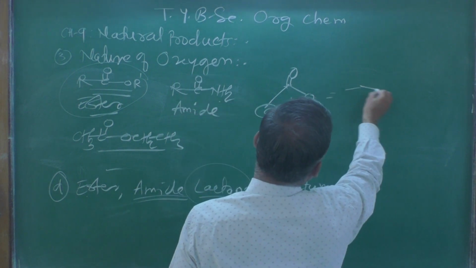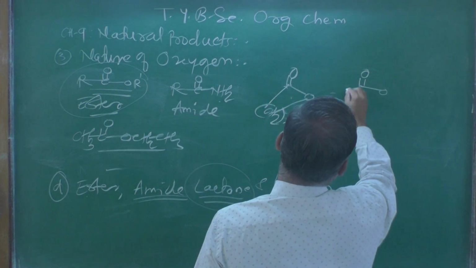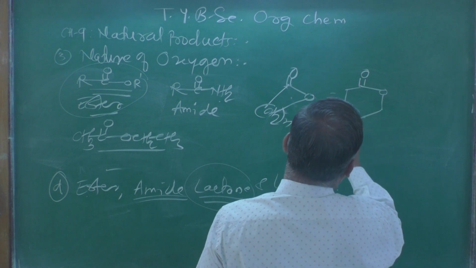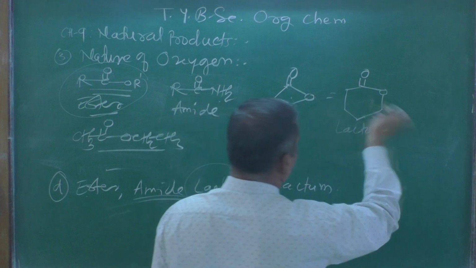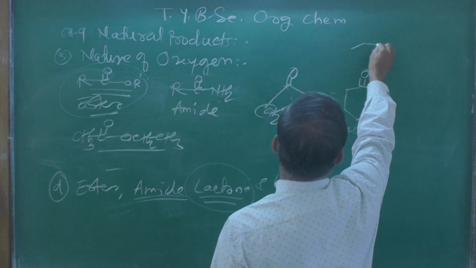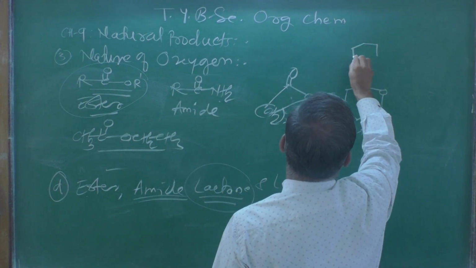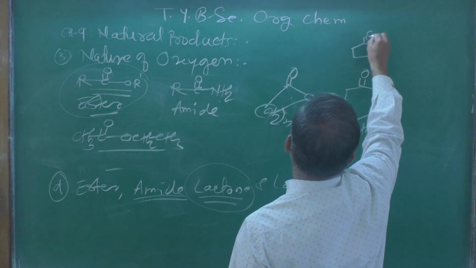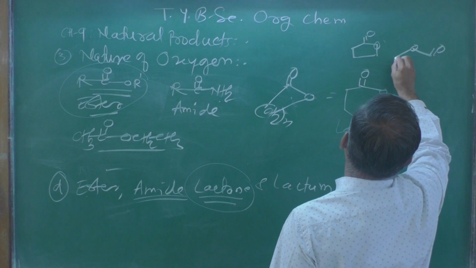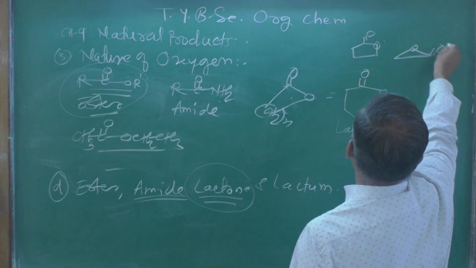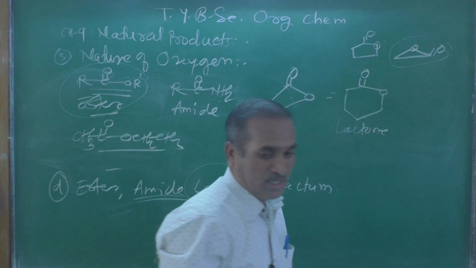The best way to remember is C double bond O. This is a 6-membered ring I am showing, and this is nothing but a lactone. It may be a 6-membered ring depending upon the strain, or a 5-membered ring, or a 3-membered ring. That type of ring is known as a lactone.